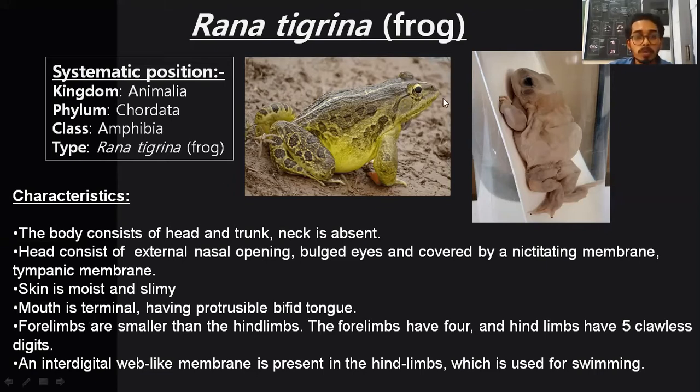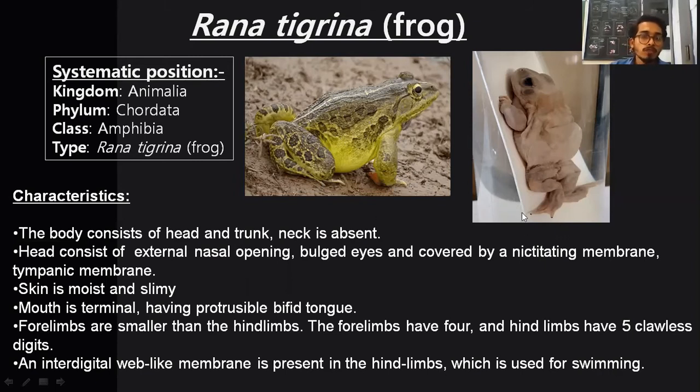Then the mouth is terminal, having a protrusible bifid tongue. The forelimbs, that is the front limbs, are smaller than the hind limbs, because the hind limbs are meant for locomotion, for jumping. The forelimbs have 4 digits, whereas the hind limbs have 5 digits, and these 5 digits are clawed.